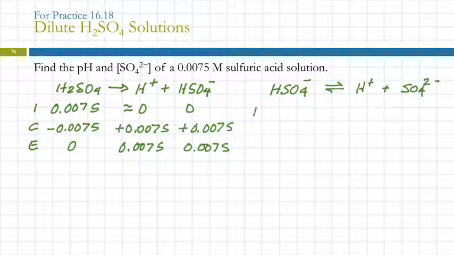Our initial concentrations are going to come from the ionization of that first proton. So we've got hydrogen ion being 0.0075, and the hydrogen sulfate ion is 0.0075. And we'll say that the sulfate is 0.